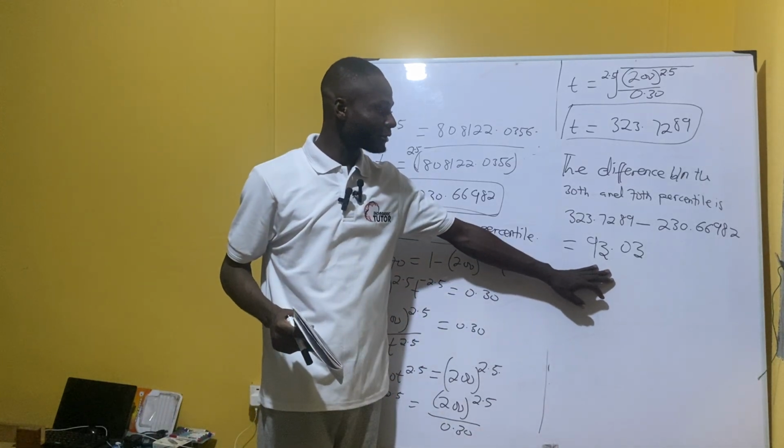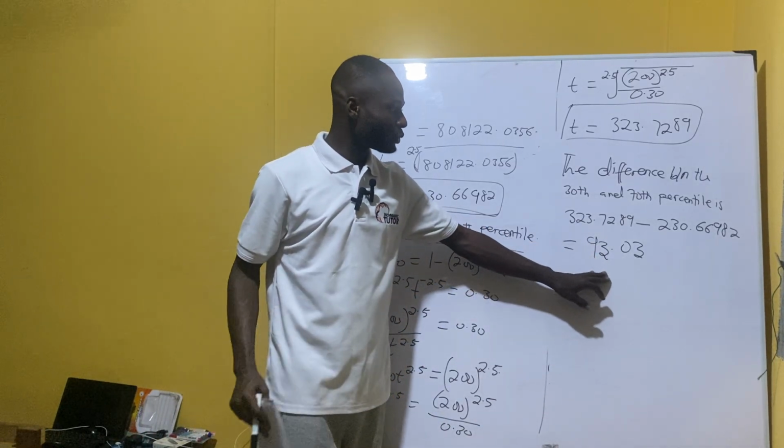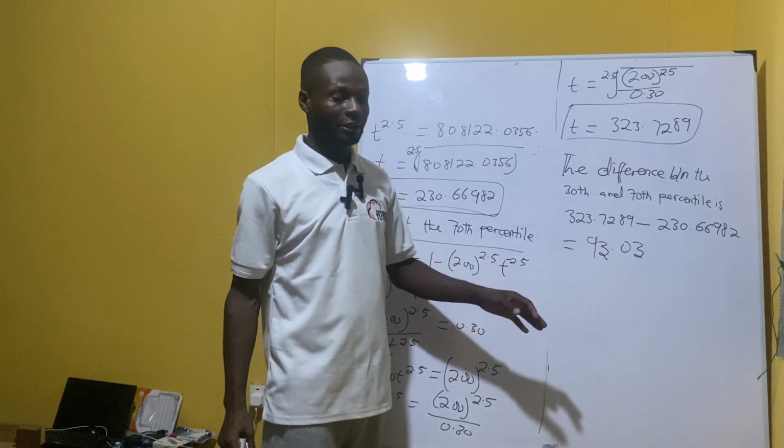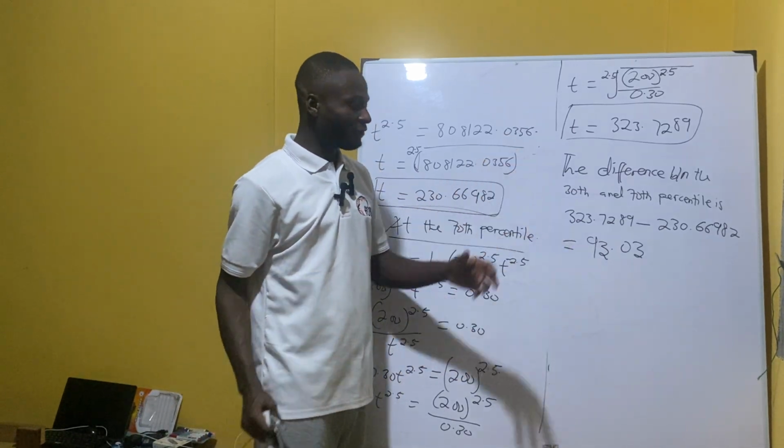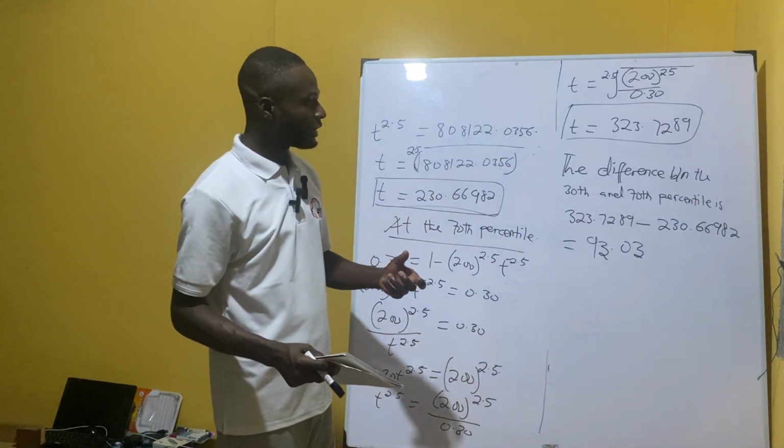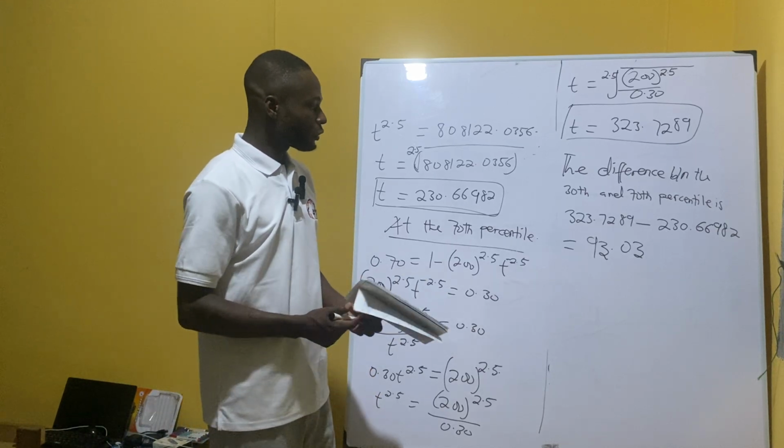So this becomes the difference between the 30th and the 70th percentile given the PDF function.